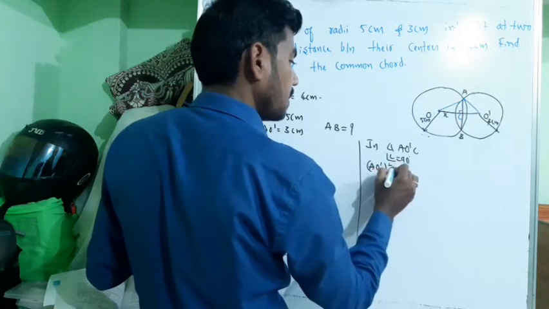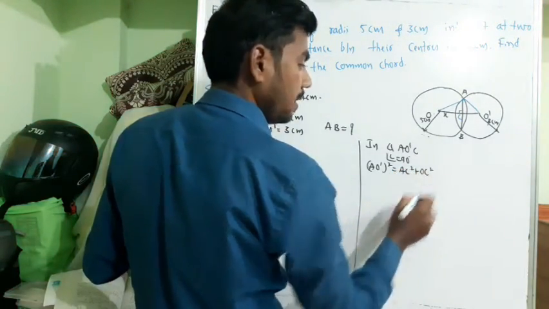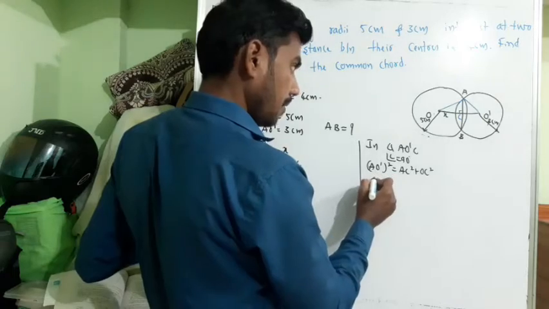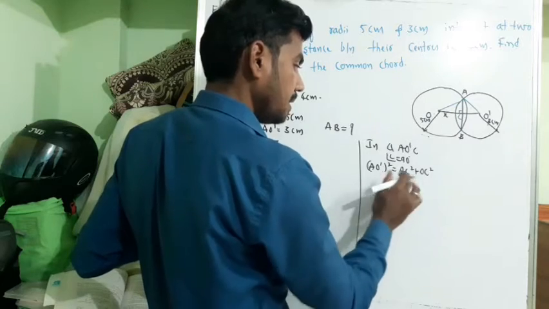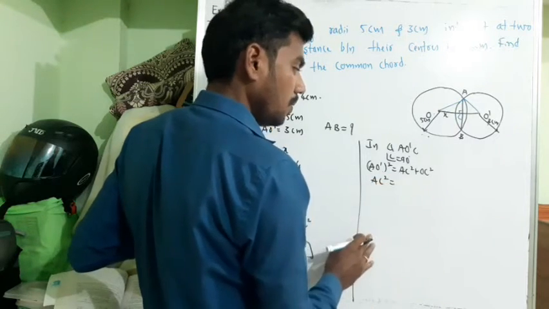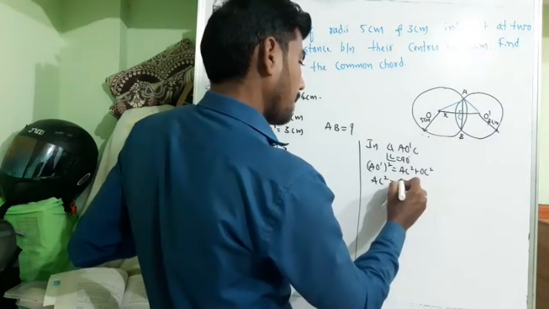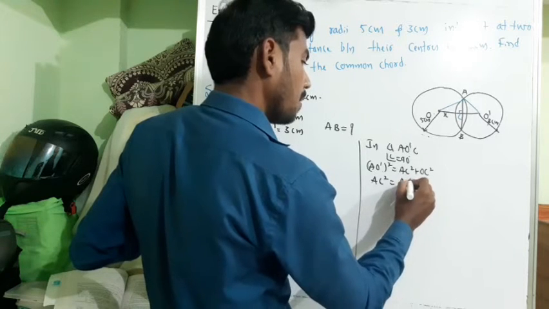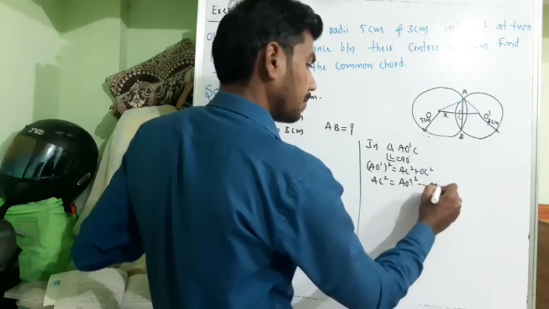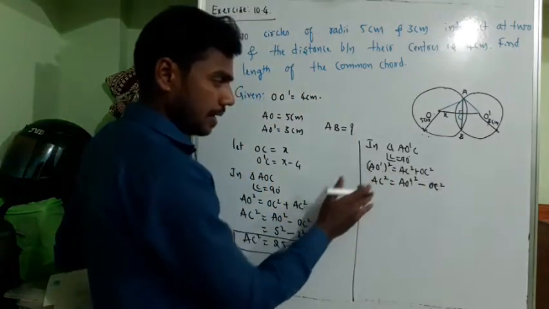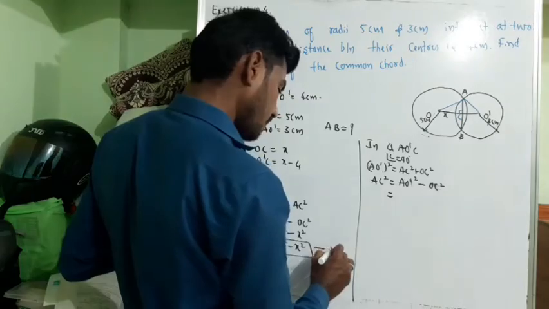AO dash square is equal to AC square plus O dash C square. Now I need AC square, so AC square is equal to AO dash square minus O dash C square. We'll call it equation number 1.